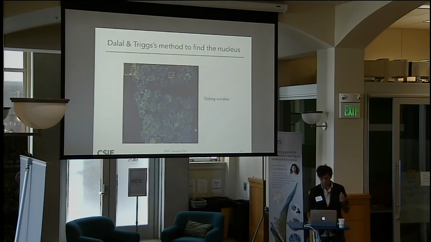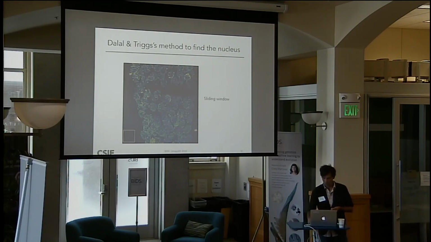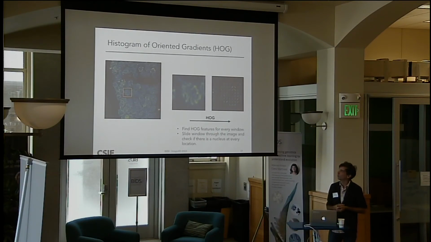And I got my classifier, then I slid a window over the image and over the volume of the image. For every window, I find the HOG features, and then I check if there is a nucleus in every window.